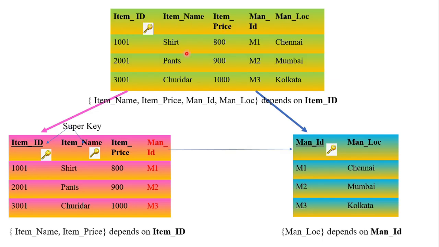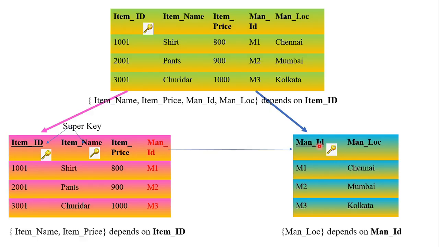So what we are doing is strictly applying 3NF in that case. Item ID determines the item name and price, so we decompose these into one table. We will have item ID, item name, item price, and manufacturer ID, which is a dummy used to link the second table. Manufacturer ID and manufacturer location form a separate table.